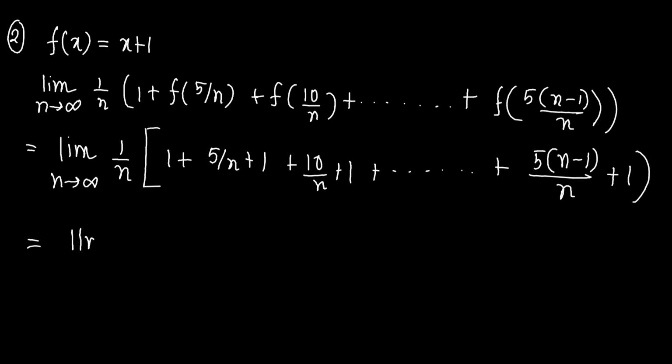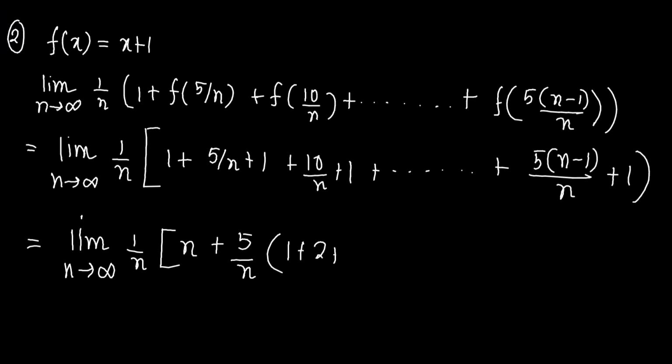So we can write it as limit n tending to infinity, 1 by n outside. Here n ones, so I'm writing n plus. Now I am taking 5 by n common from these terms, that is 5 by n, 10 by n here. Okay, so here we will get 1 plus 2 plus 3 up to n minus 1.